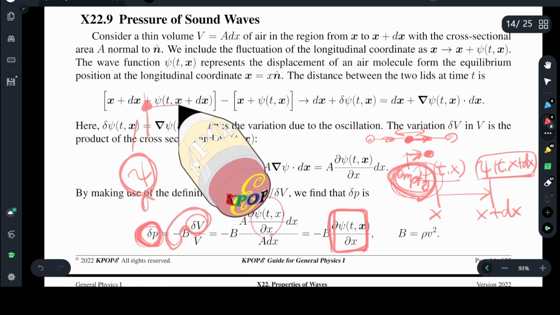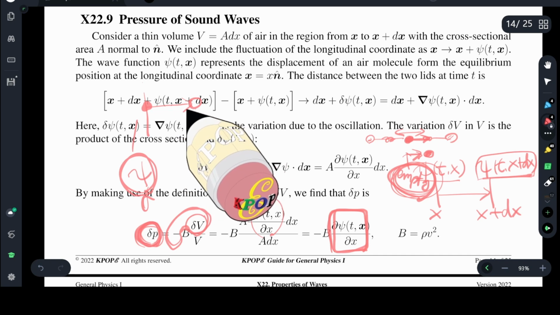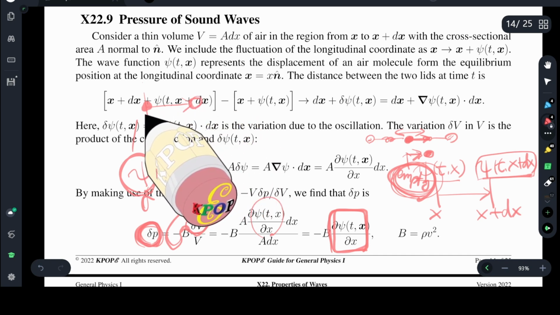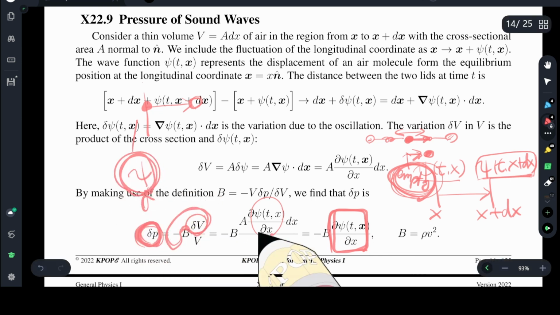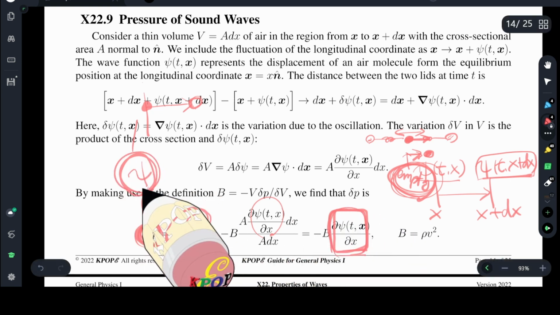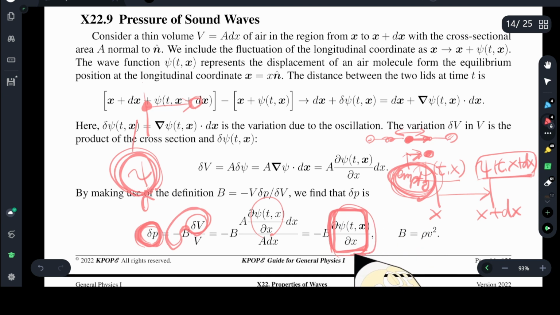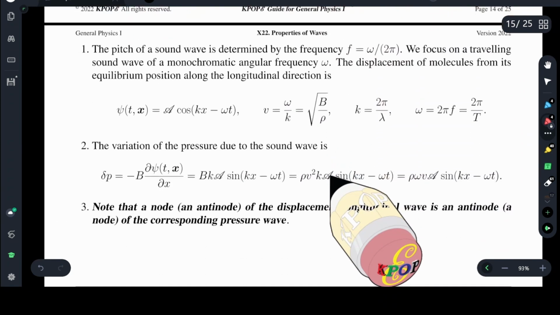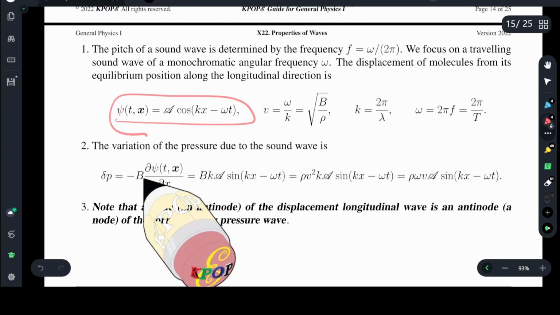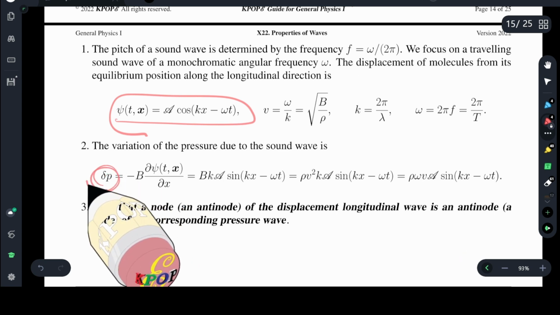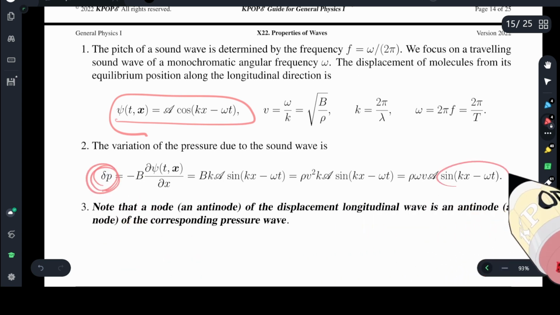And if it is maximally displaced, then the pressure becomes the minimum value. So they are out of phase. If this one is a cosine, this one is a sine. If the wave function is a cosine, then the pressure change is a sine.